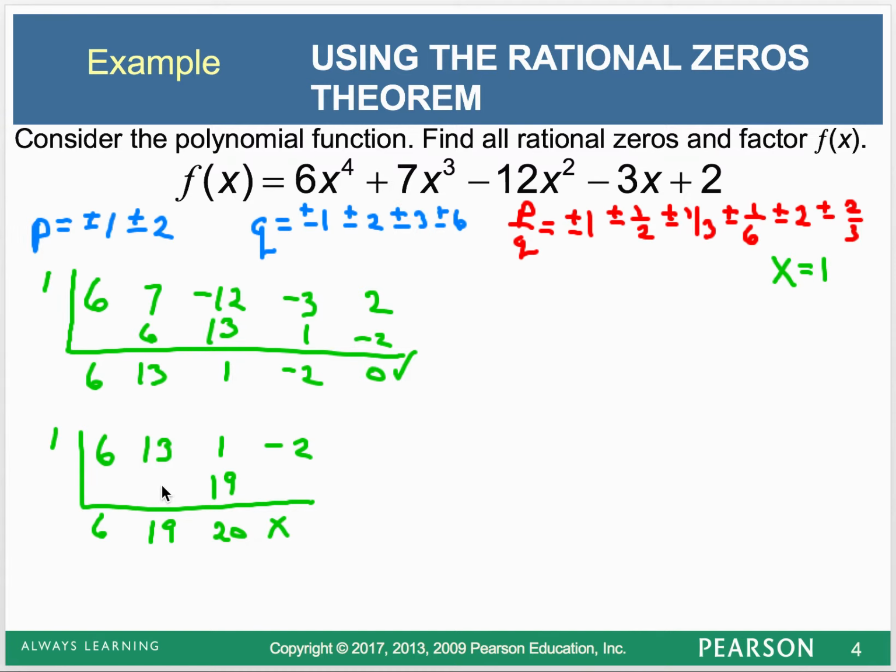So then I'm going to move over and try -1. Okay. So I've got -6. So then I've got -7. I can also tell that this isn't going to 0. All right, so I've used up my 1s.